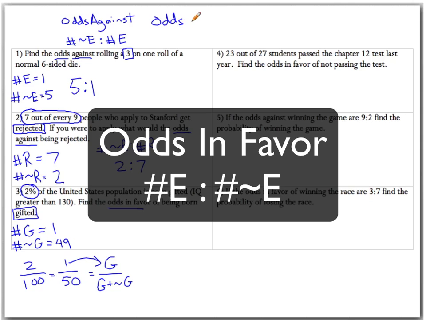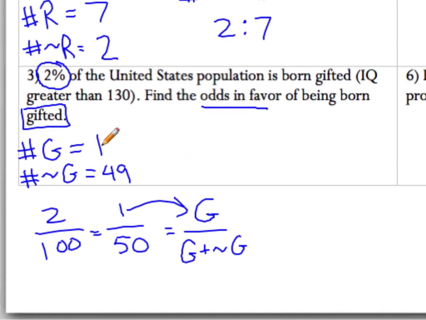So odds in favor is the number of the event to the number of not the event. So here the event is being gifted and there is 1, and then not being gifted is 49. So the odds in favor of being born gifted is 1 to 49.